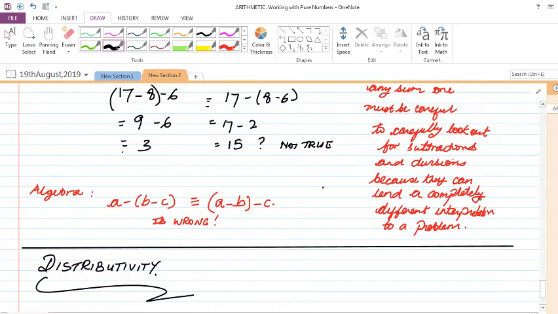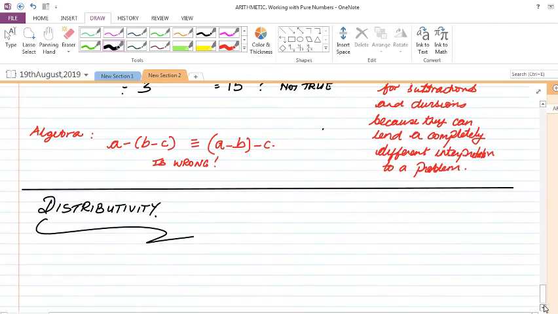So talking about this distributivity, it has to do with some kind of multiplying.